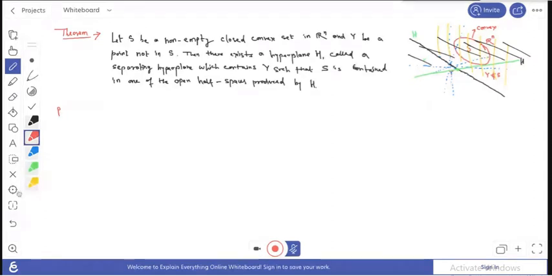based on a lemma. So first of all, we write here the lemma, and the lemma is simple.